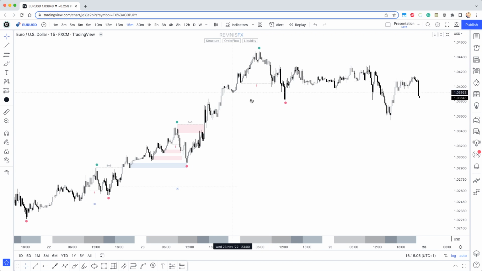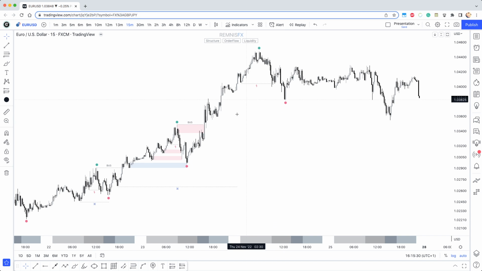As I said many times, inducement areas are like 50-50% probability. Sometimes they work and sometimes they go for other areas. But that's a decision every trader has to make for himself or herself.